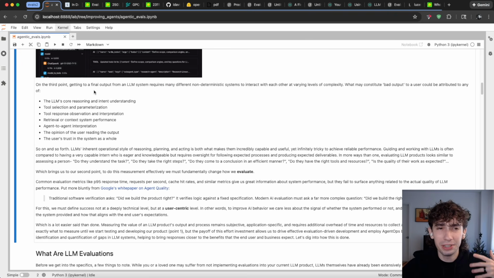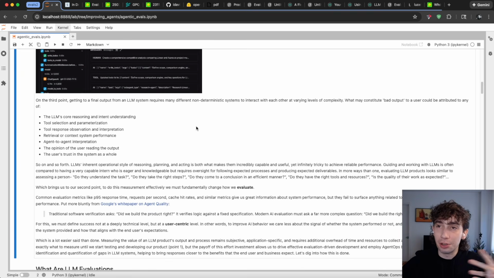On the third point, getting to a final output from an AI or language model based system requires a lot of different steps to interact with each other with varying levels of complexity.